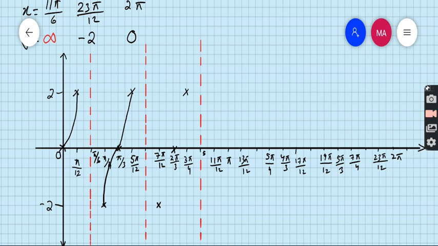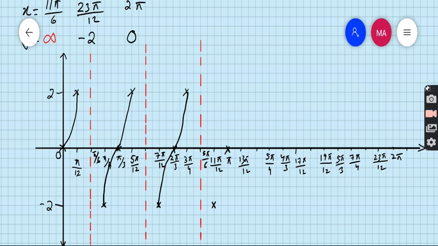I am mentioning over here 5 pi by 6. Join these 2 points and these 2 points. Next, at 11 pi by 12, the value is minus 2. At pi, the value is 0.